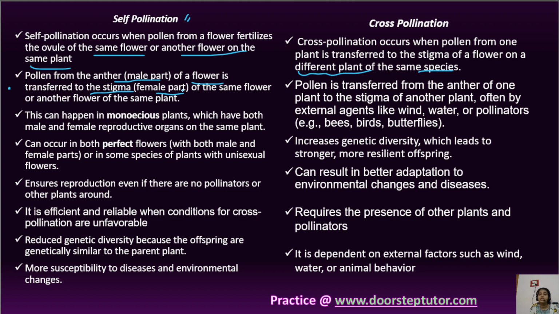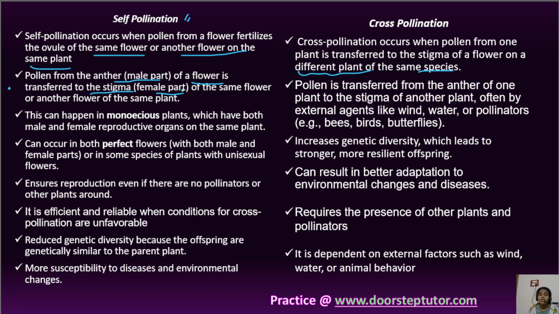As we know, these agents can be wind, water, and pollinators such as bees, birds and butterflies. It depends on which type of flower it is and what necessity it has for pollination, and on that basis the agents do their work. For example, in wind pollination, the pollen grains should be light in weight, while the stigma should be feathery so that it can catch the pollen grains.